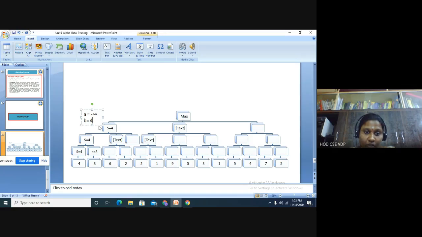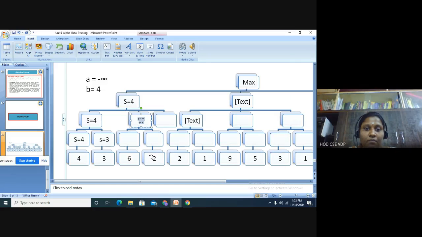So what I should do next is take this value and send it to the next node over here, right? So when I send it to the next node, what happens? I take this value and send it here. So alpha is minus infinity and beta is 4. The same values I have to send to this place.